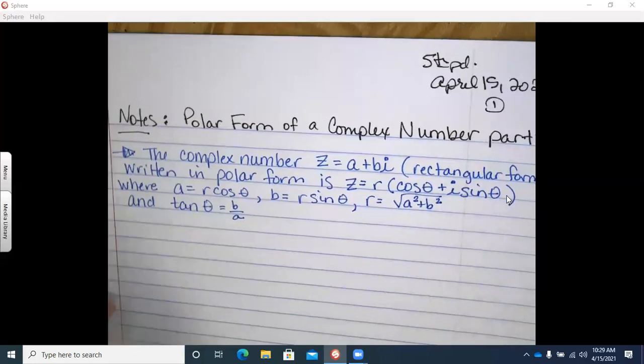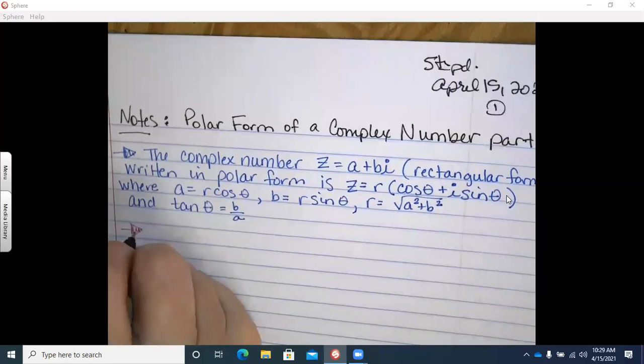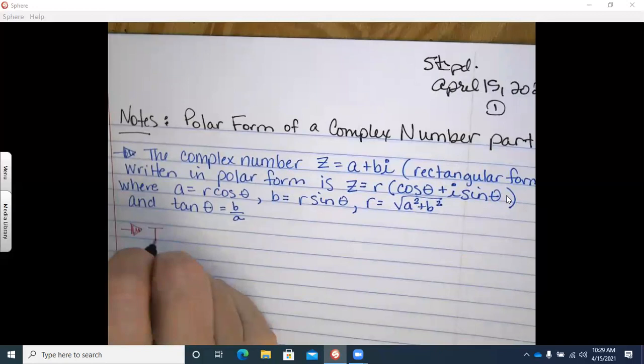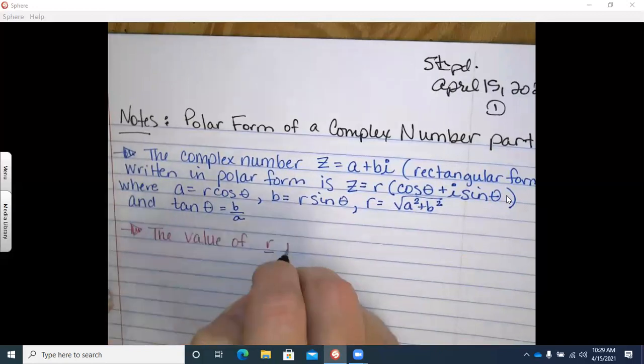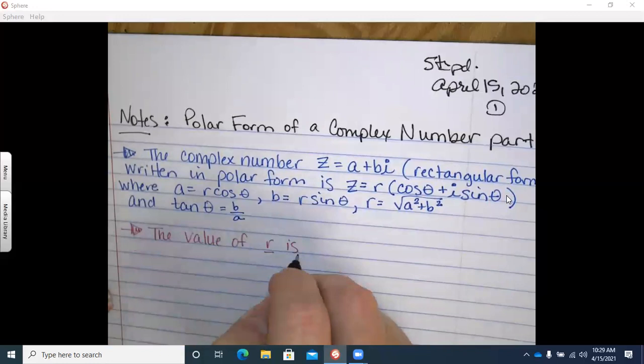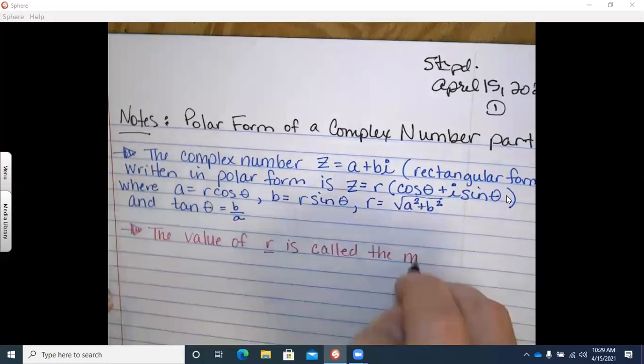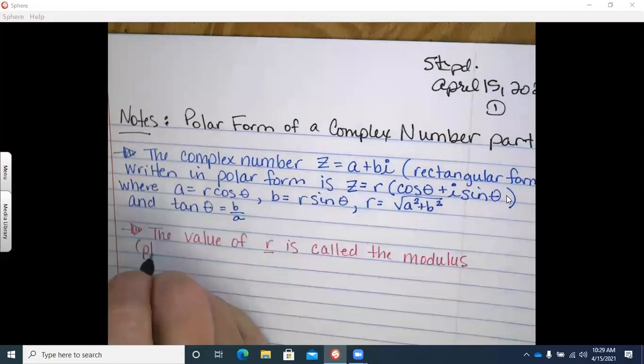The value of r is called the modulus. Plural form would be moduli.